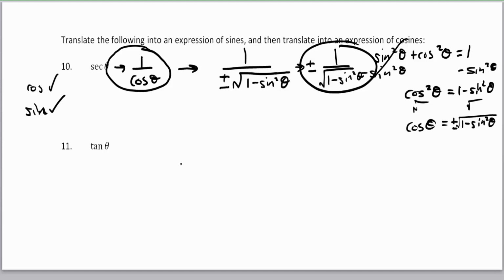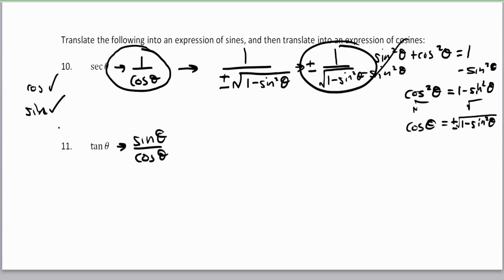We're just going to see how it looks as an expression of sine and an expression of cosine. So tangent is going to be written as, thanks to the quotient identity, sine theta over cosine theta.